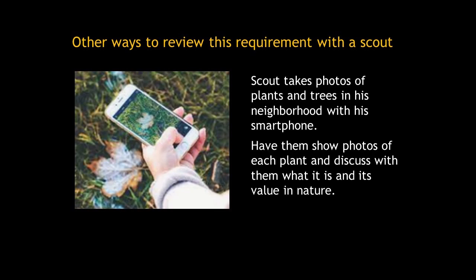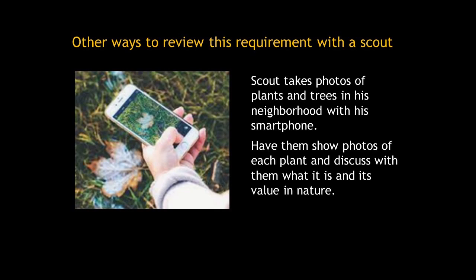So the way I do it, a scout can go take a bunch of photos of plants and trees in his neighborhood, put them on a smartphone, and then sit with you and y'all walk through those photos together and discuss, first of all, what kind of tree or plant it is he's looking at, and then dig into what value it is.